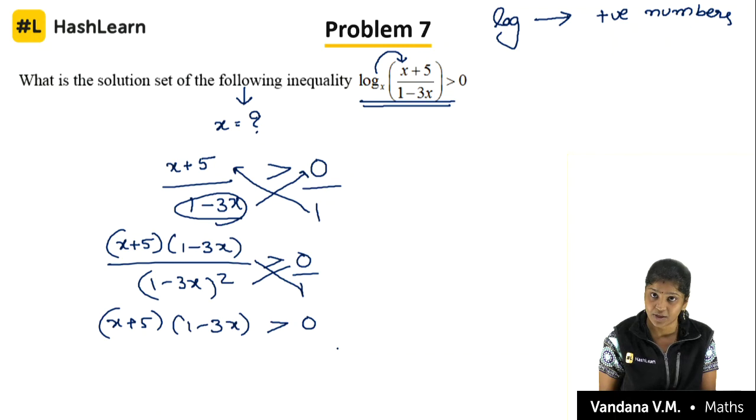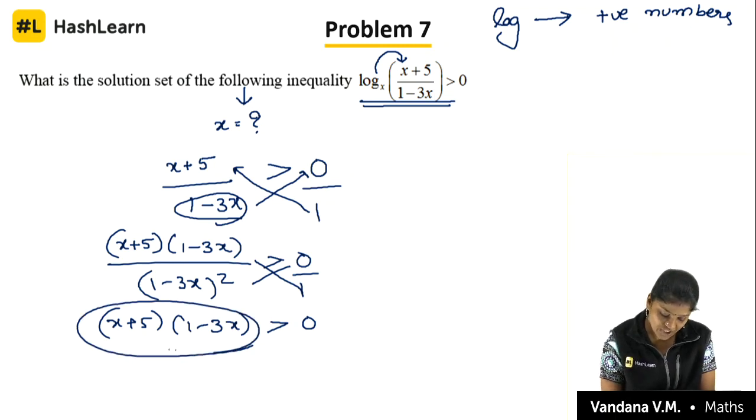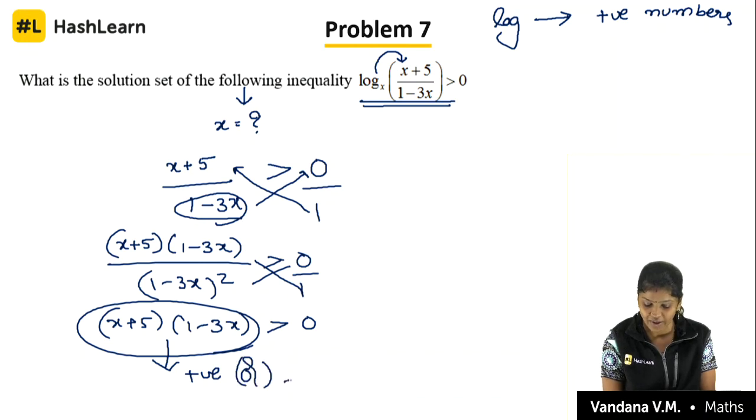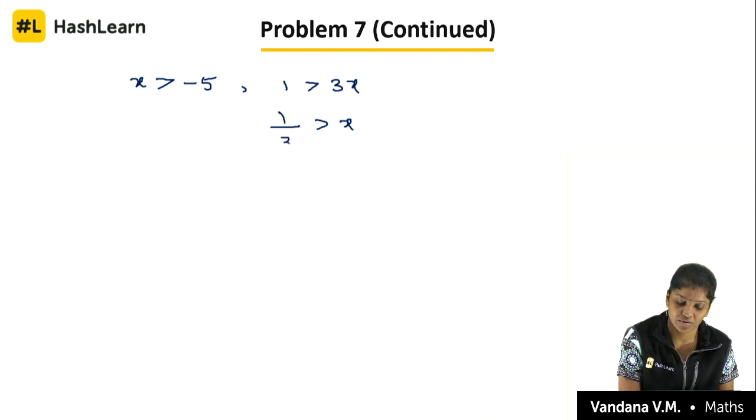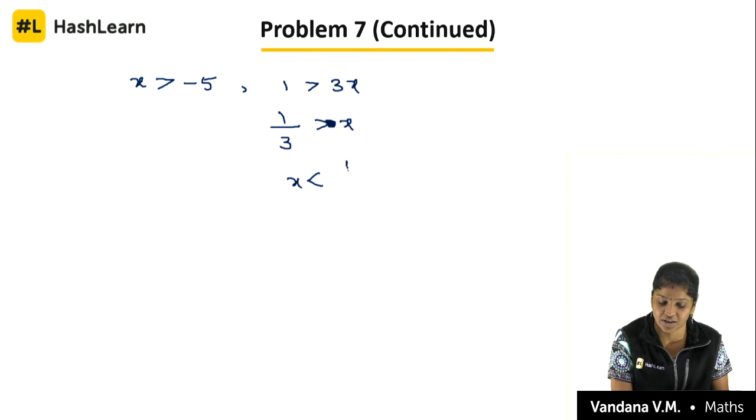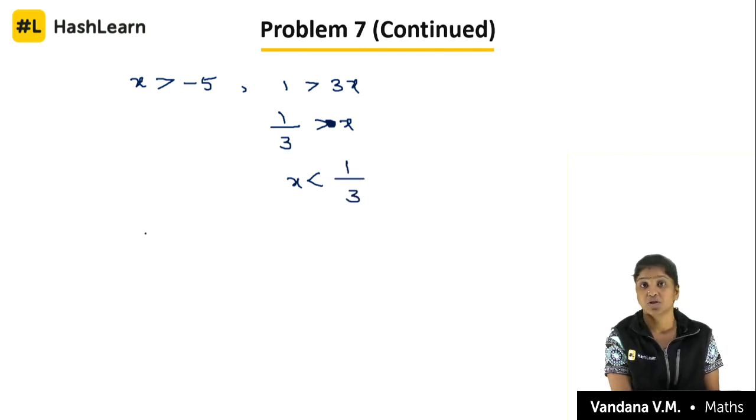So, greater than 0 means both must be positive or both must be negative, not separately. Both positive or both negative, what values will I get? x is greater than minus 5. So, 1 is greater than 3x, that is x is less than 1 by 3. These two cases I will get over there.